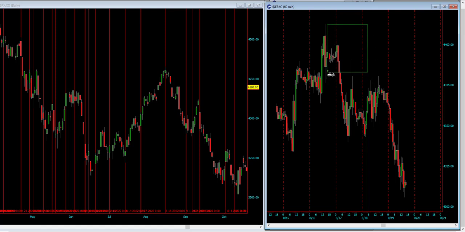This is the entry box which has been created by looking at this DNA, and this entry box has given us a chance to enter very nicely and clearly, and also given us a chance to do scaling in right there. Simple as that.